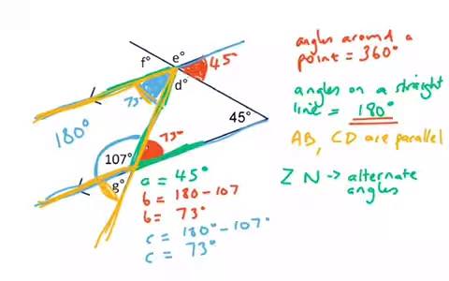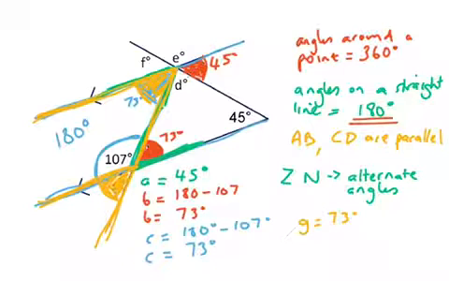So if this one is 73, G must also be 73 degrees.